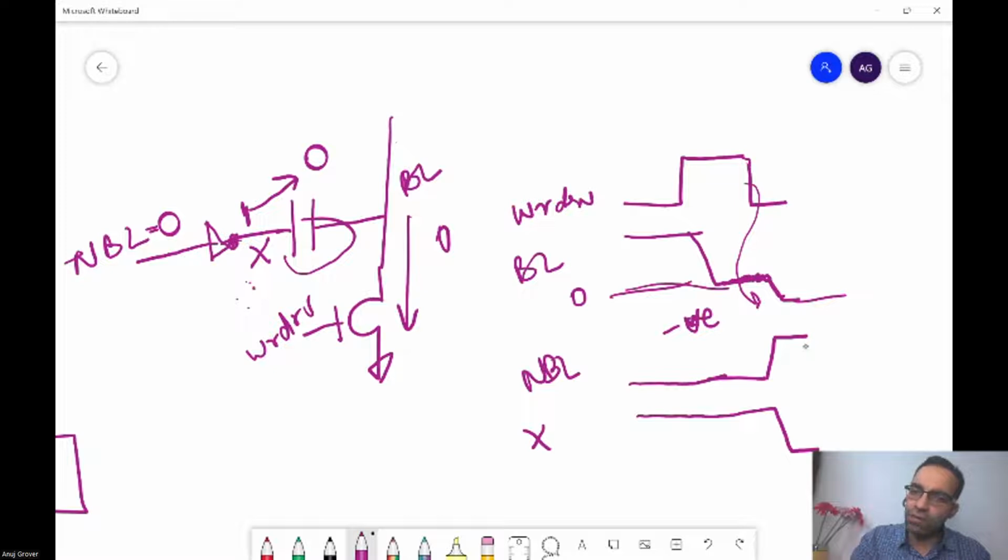Then after the operation is completed, you again take NBL to 0, X would go up slightly, and that is when you also turn your pre-charge on. So pre-charge could be another signal which could go to the gates of these PMOSs.